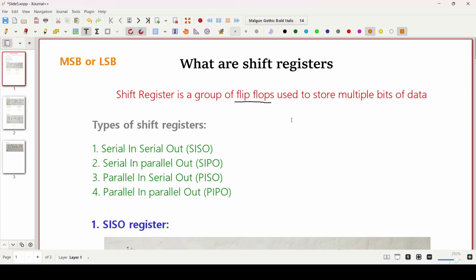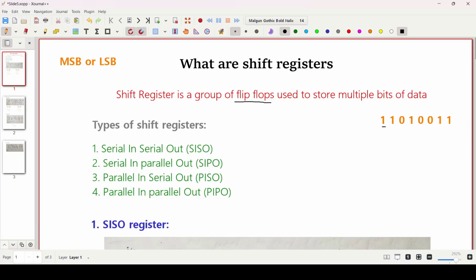So if I write here, suppose, 1 1 0 1 0 0 1 1, let me provide some space between the bits. Basically MSB stands for most significant bit and LSB stands for least significant bit.